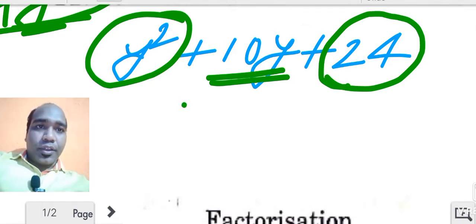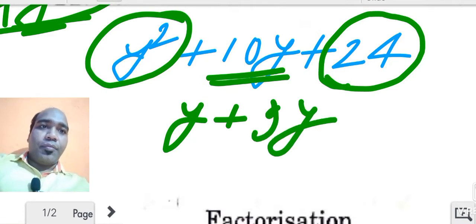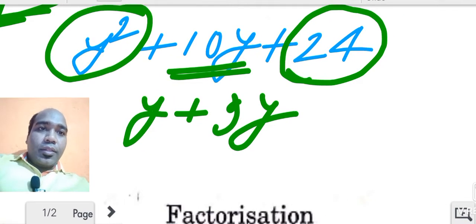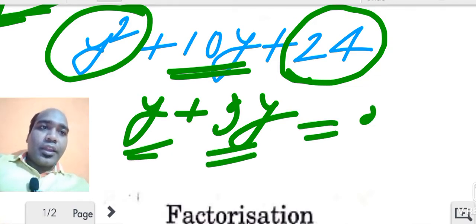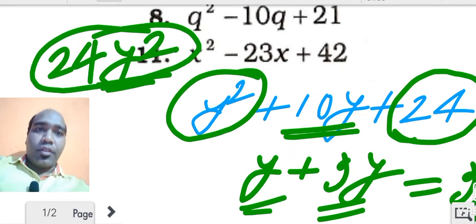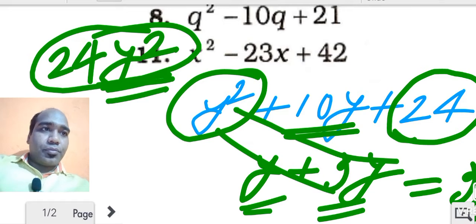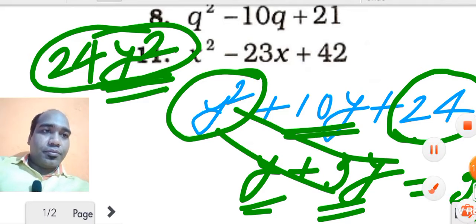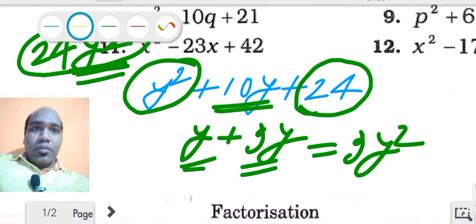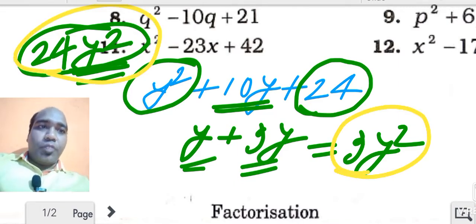We can split in the form of y plus 9y, we'll get 10y. Then if we multiply y and 9y, how much will we get? 9y square. Is it equal to this 24y square? No. So this 9y square we are not getting equal to 24y square.